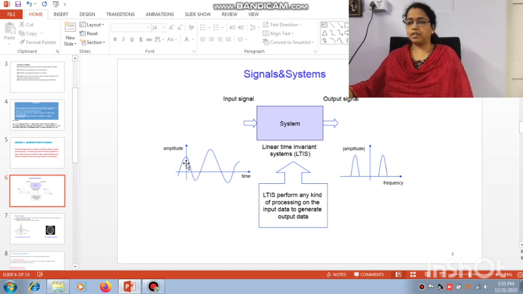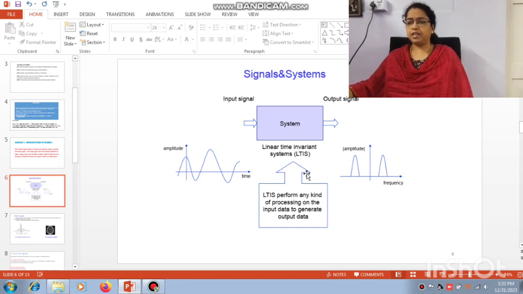What is a signal? For example, here it is shown an analog or continuous signal whose amplitude is varying with respect to time. Now this system may perform any kind of operation on the signal and produce the output signal. You can see that the input signal here is a time domain signal, that means the x-axis is time, y-axis is amplitude.